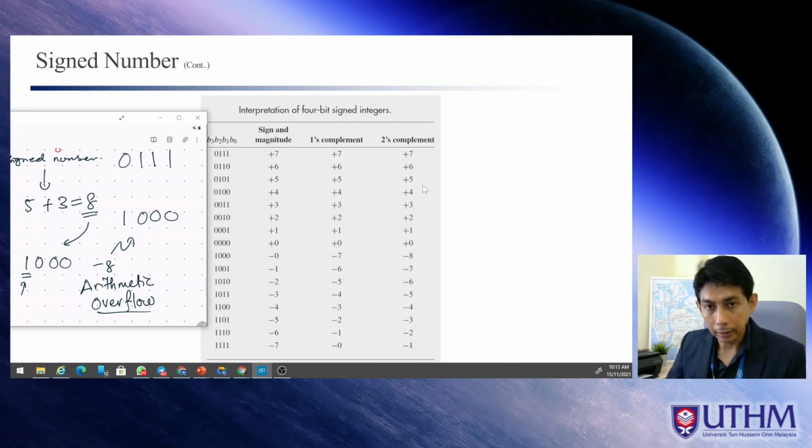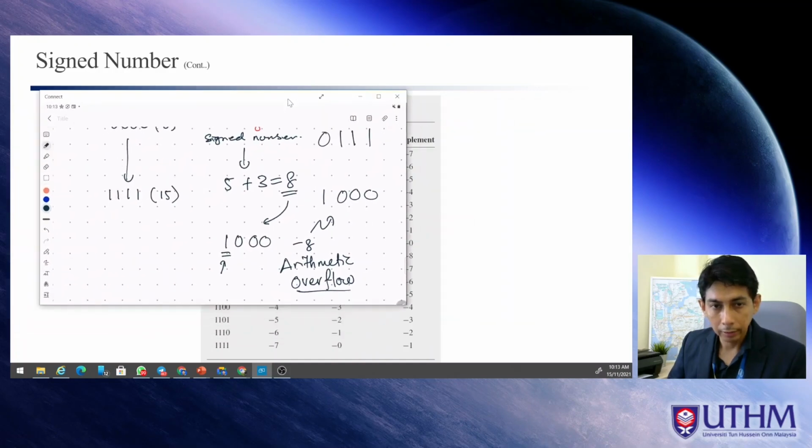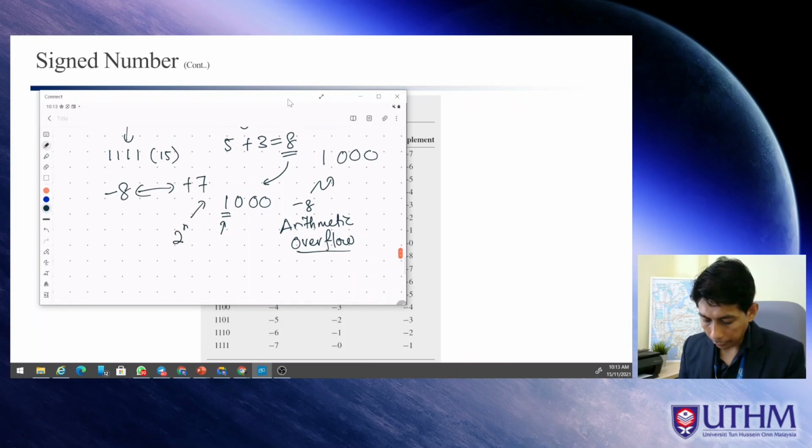Okay, and you can see here the range for a 4-bit system is from -8 to +7, right? So this is actually 2 power of n minus 1, minus 1, and this is actually minus 2 power of n minus 1, where n equals the size of your system.